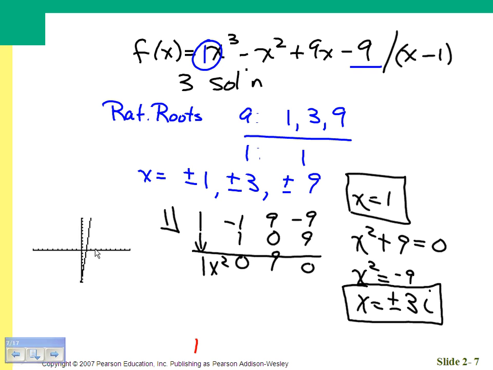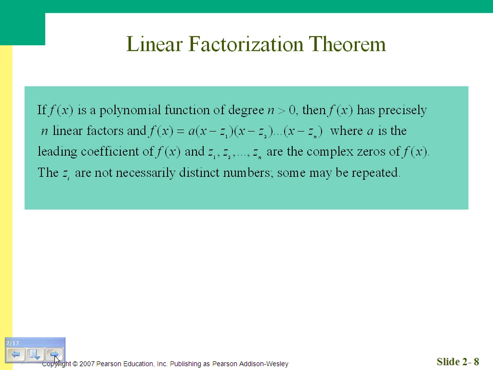Now, one of the theorems that goes with it, I don't consider it a major one, but it's a minor one, is this fact that if I've got this polynomial, let's just go to the next screen, and I'll rewrite it for you. If I've got a polynomial like f of x equals x cubed minus x squared plus 9x minus 9, this theorem says I can write it as the product of all of my factors.